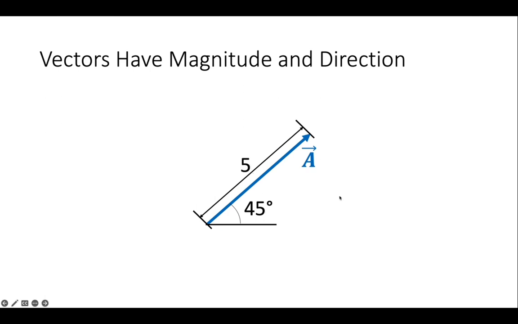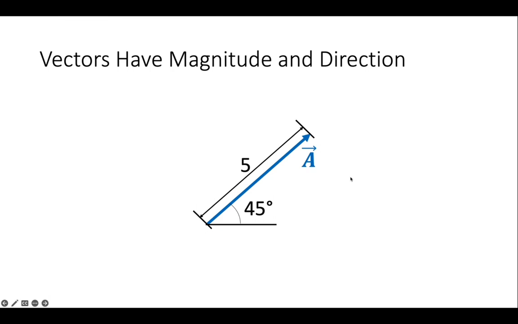Now the thing I want to get to here is that there are certain things we can do to vectors in terms of operations and certain things we can't. But one thing we can do to a vector is multiply it by an ordinary number. We can multiply a vector by a number, or equivalently, we could divide a vector by a number. So for this vector, for example, I could multiply the vector A by the number 1/2.